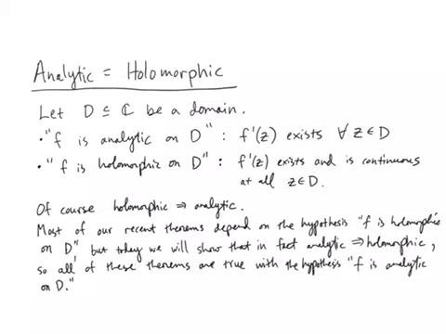One of the really remarkable things about complex analysis is that, in fact, f being analytic implies immediately that f is holomorphic. Just knowing that f prime exists is enough to know that f prime is also continuous. And so for all of the theorems that we've proven, it suffices to know that f prime exists.